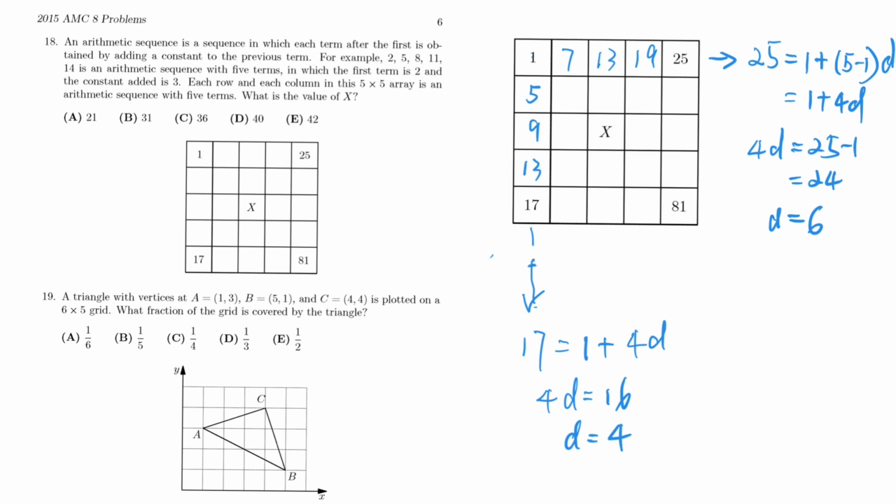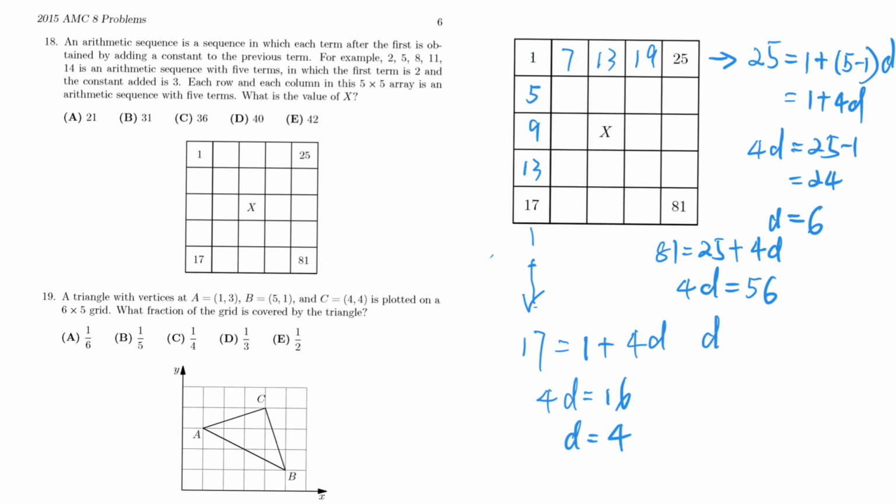The last column is still an arithmetic sequence. So 81 equals the first number, 25, plus 5 minus 1, that's 4d. So 4d equals 81 minus 25, that's 56.